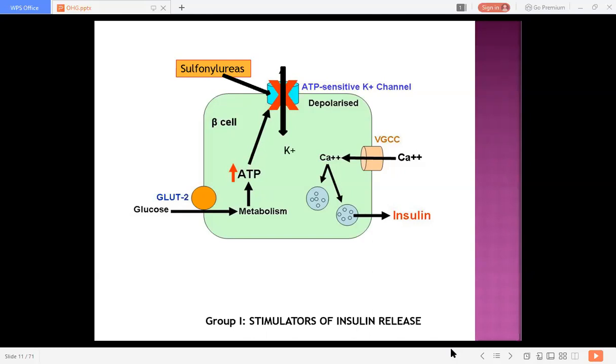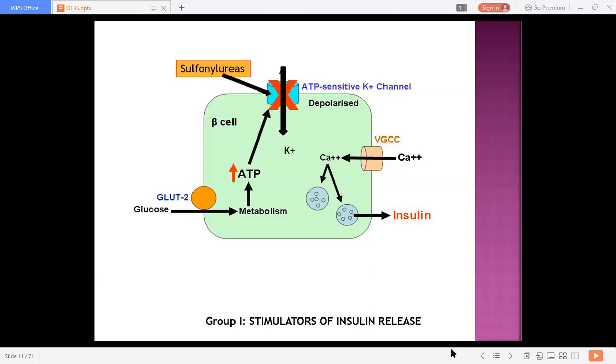After depolarization, there is influx of calcium ions into the beta cell. Because of the influx of calcium ions, there is degranulation, and because of this degranulation, there is increased release of stored insulin from the beta cells.